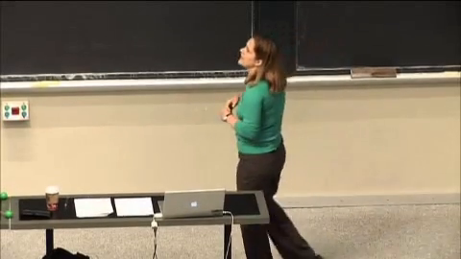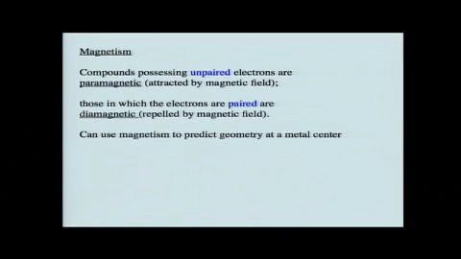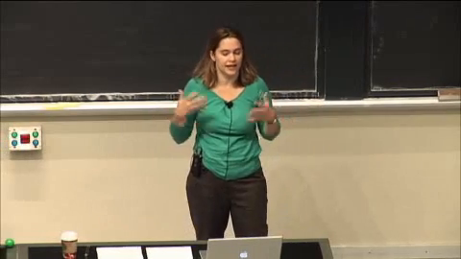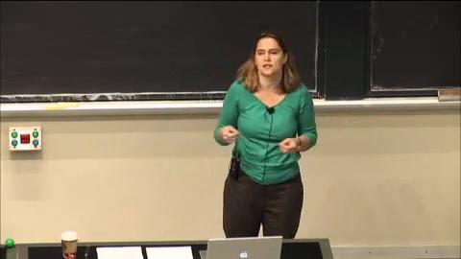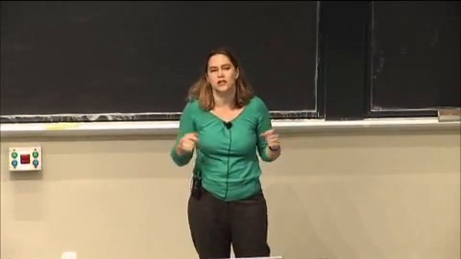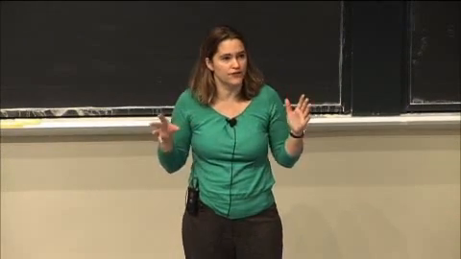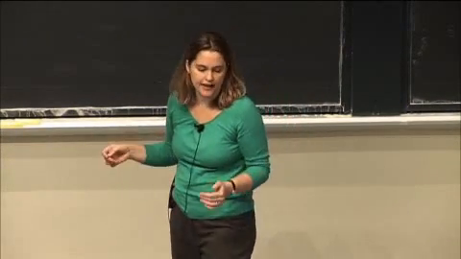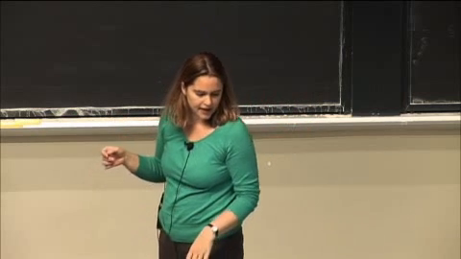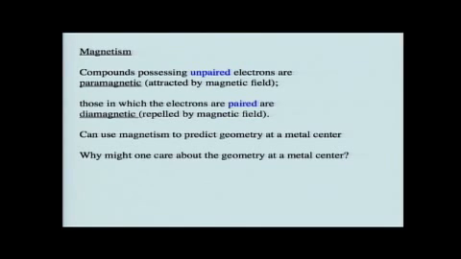Compounds that have unpaired electrons are paramagnetic; they're attracted by a magnetic field. Those where the electrons are paired are diamagnetic, or repelled by a magnetic field. You can test the magnetism of a coordination complex, and that'll give you some information about the electron configuration of the d orbitals in that complex, and that can tell you about the geometry.